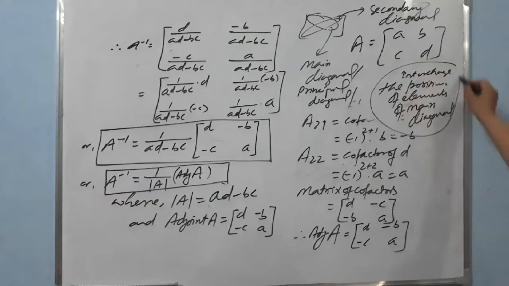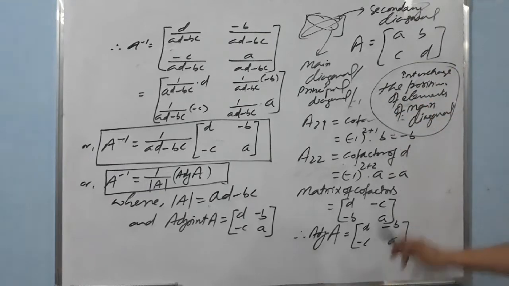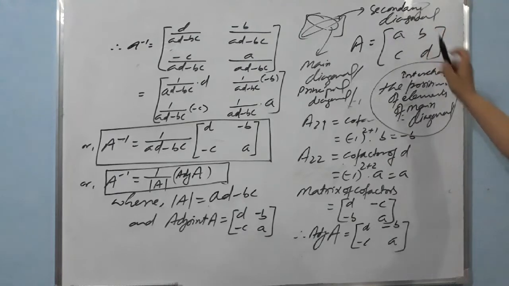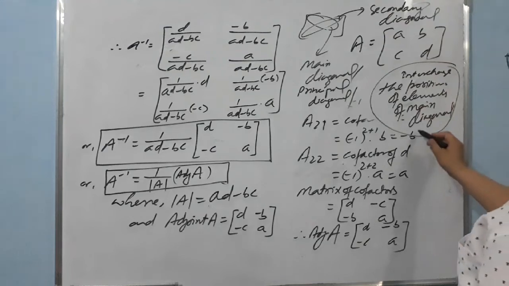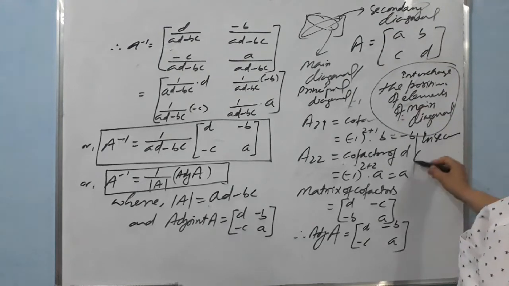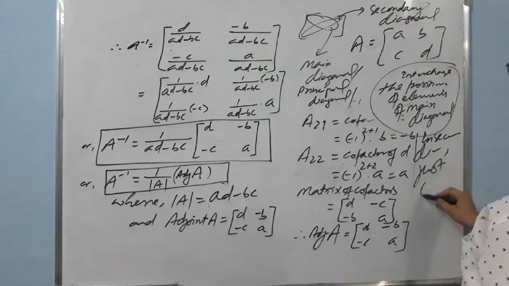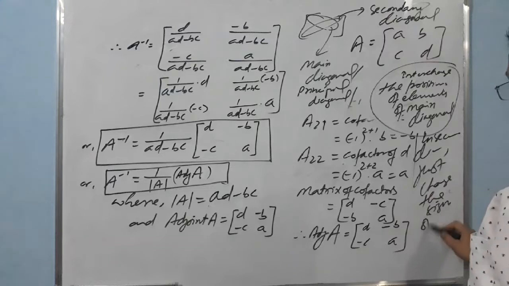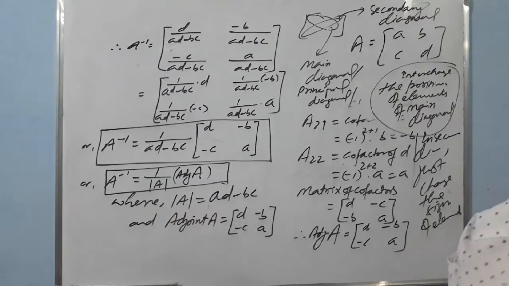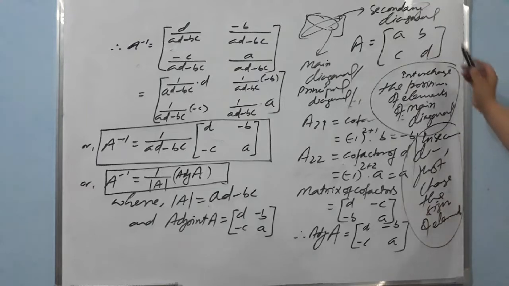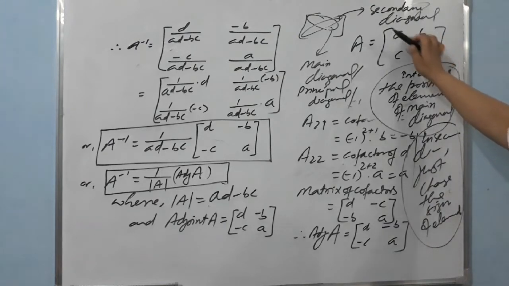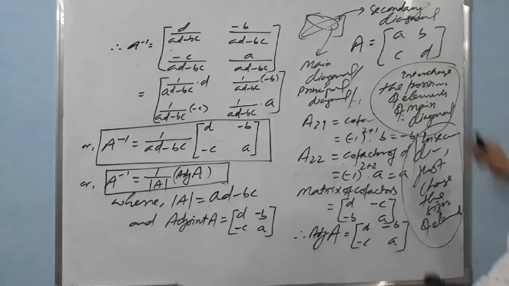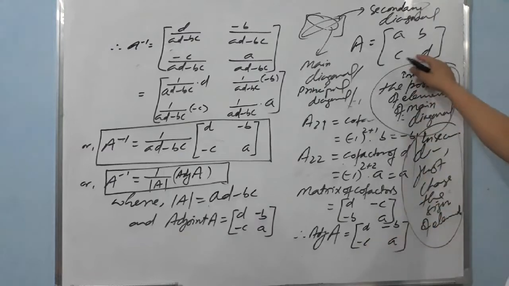So, in order to find the adjoint of A, just interchange the positions of the elements of the main diagonal, and in the secondary diagonal, just change the signs of the elements. You interchange their positions in one, and change only signs in the other. Look here: in adjoint A, D is here, A is here.